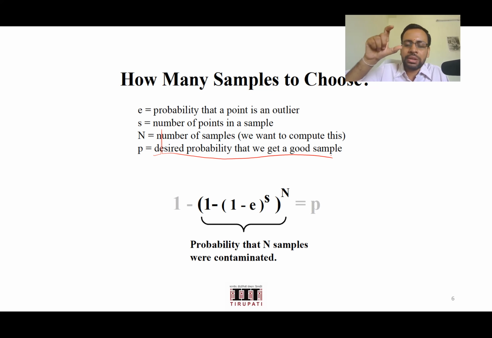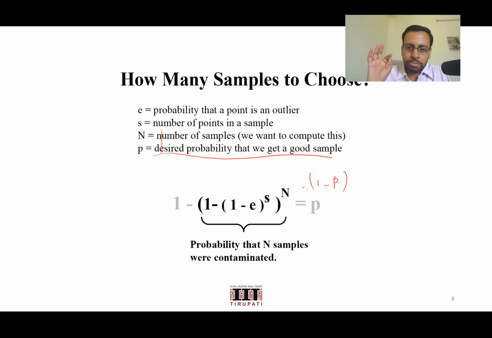Because you will pick the set of samples for which you have the maximum number of inliers. So you have the luxury to fail every time except once. That's why this is equivalent to this, or I could have written this directly as equivalent to 1 minus P, because this is the only case in which I would be failing, and P is the desired probability of getting a good sample.